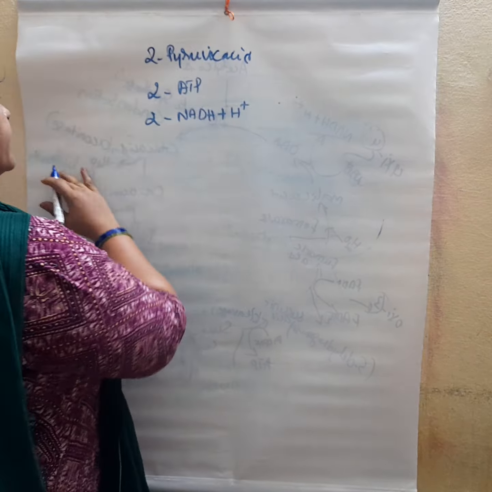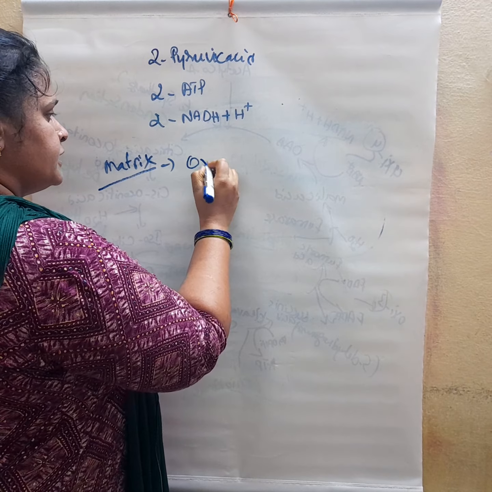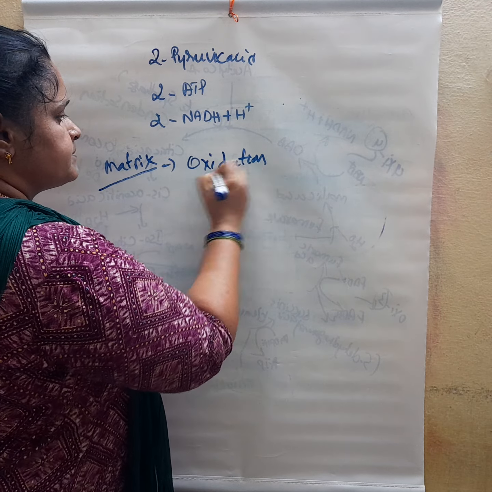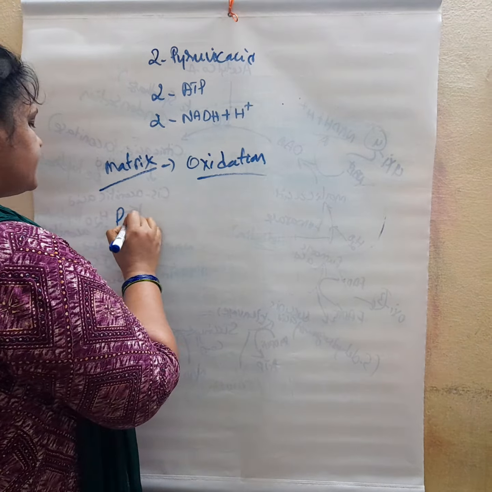In the matrix, the pyruvic acid is first converted in a complex step, that is oxidation. It combines with coenzyme A, and remember, where there is oxidation, there is production of NADH. You have to remember this for respiration.